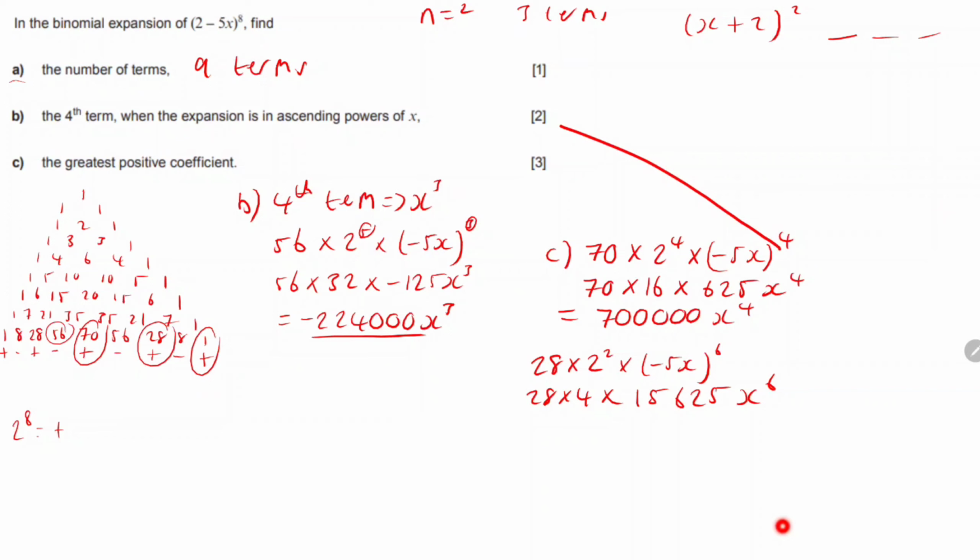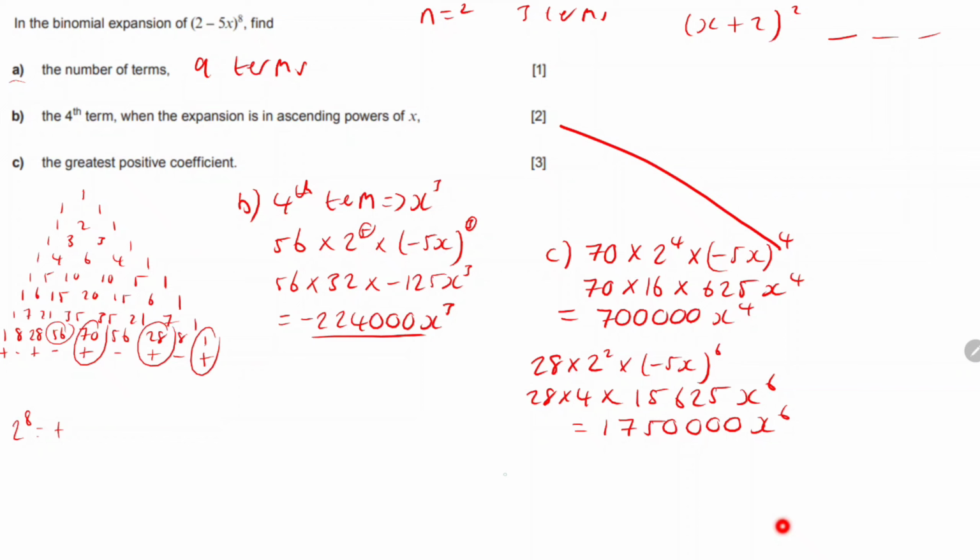So 28 times by 4 times by 15,625, and that gives us a massive coefficient of 1,750,000 x to the power of 6.